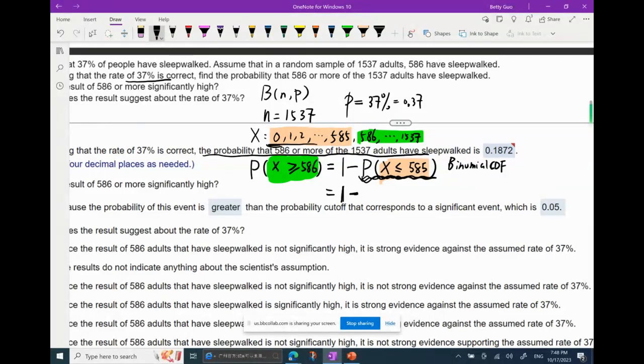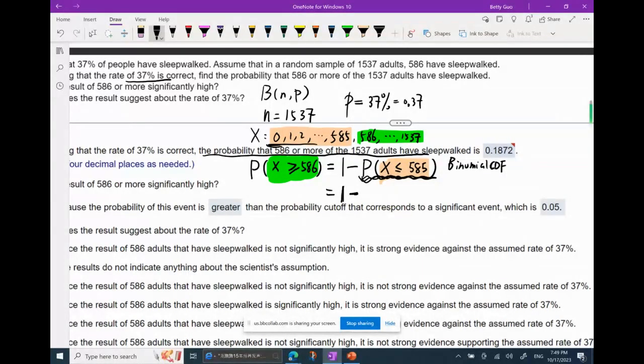I normally just type 1 minus in the main screen, and then I go to second VARS, and in the list of distributions I go down to find binomial CDF, not PDF. On my calculator it is the letter B, binomial CDF. The number of trials is 1537, probability of success 0.37.